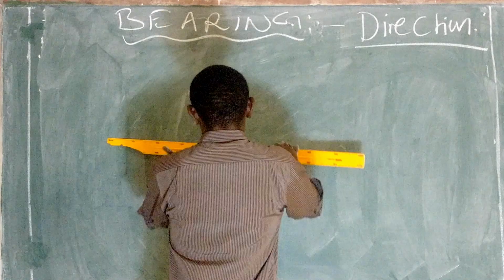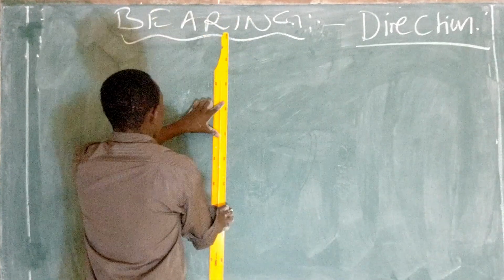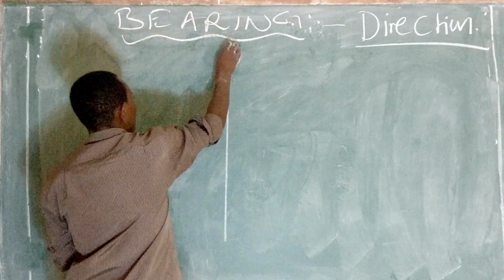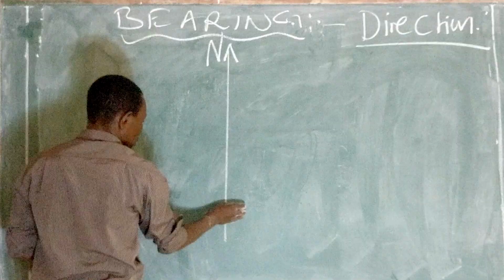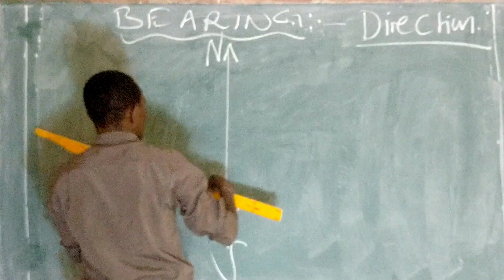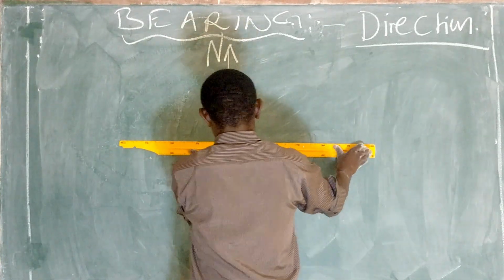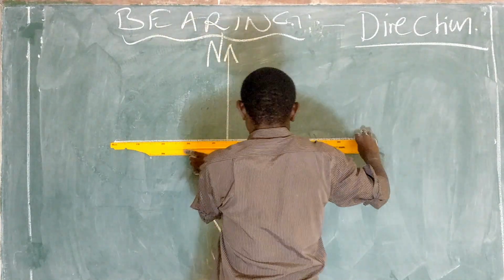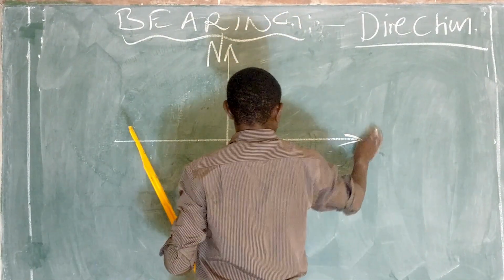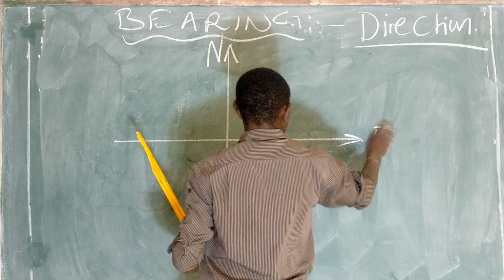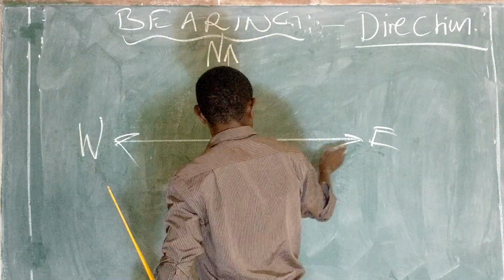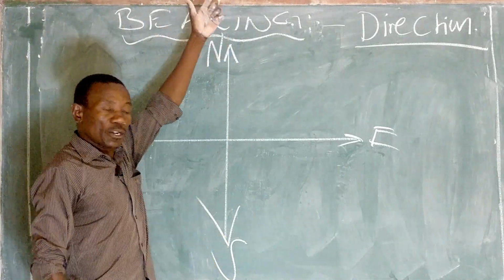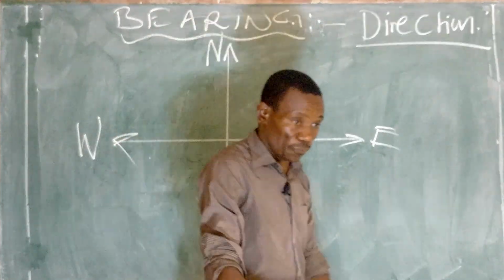This device has a north-south line like this one. This is the north direction, this is the southern direction, and here we have the east-west line like this one. This is the eastern direction and this is the western direction. When you go to this side, east, this side, west, you go up, north, down here is south.